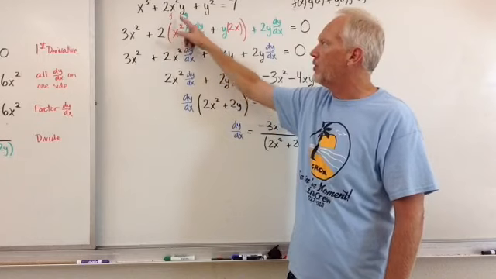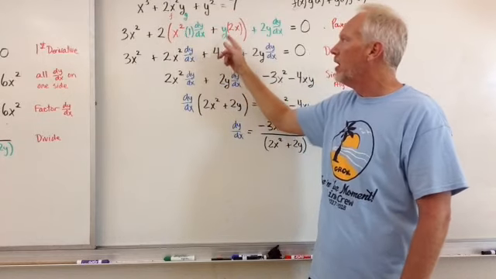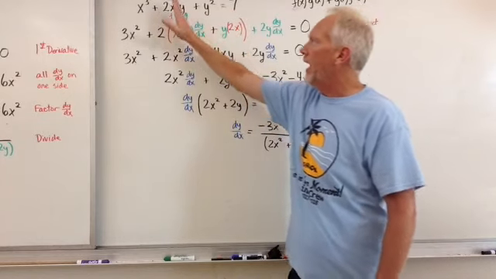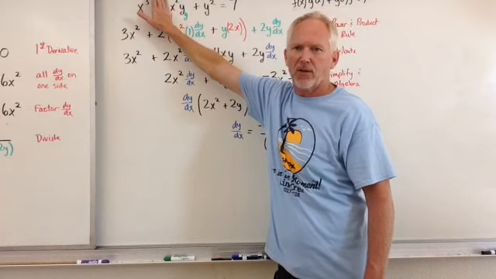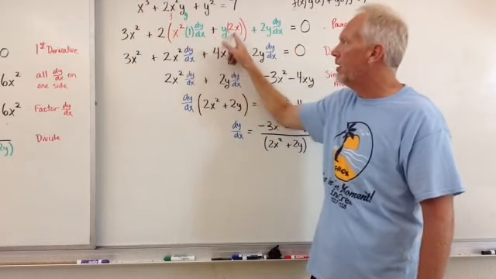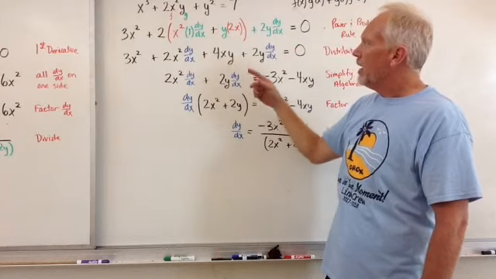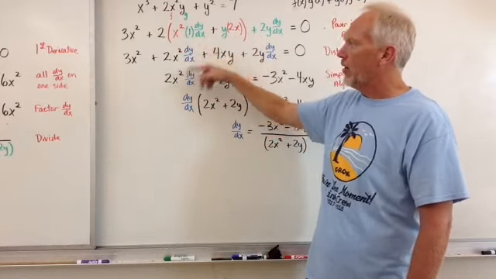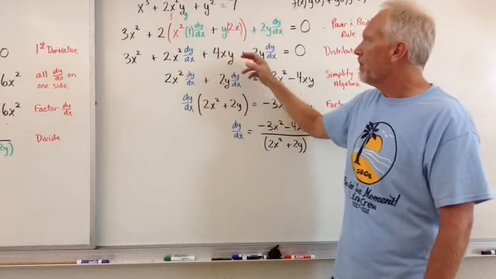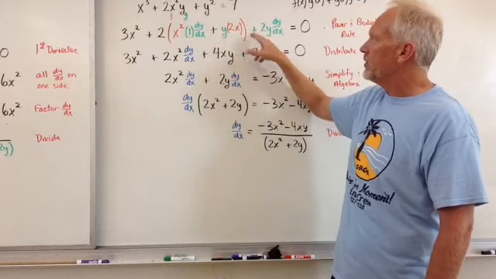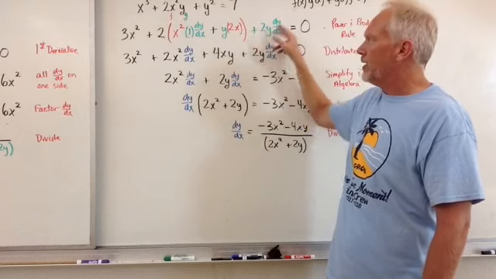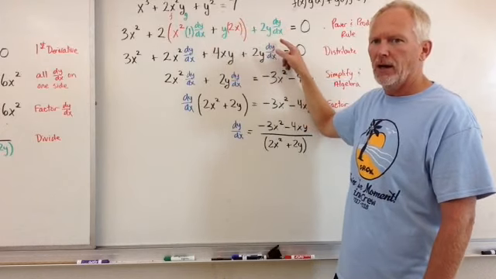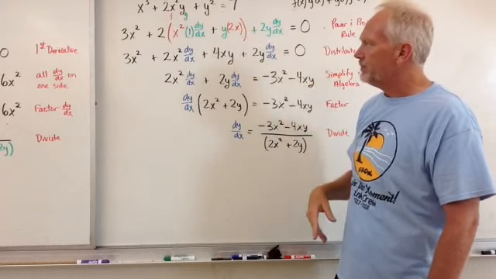If you had kept the 2, then it might be 4x, but I decided to keep the 2 outside, right? I did just the x and left the 2 on the outside, so it's just 2x. Put that in the quantity, and then later I will redistribute that 2. Then we get plus 2y dy/dx, the derivative of y squared, 2y, and equals 0.